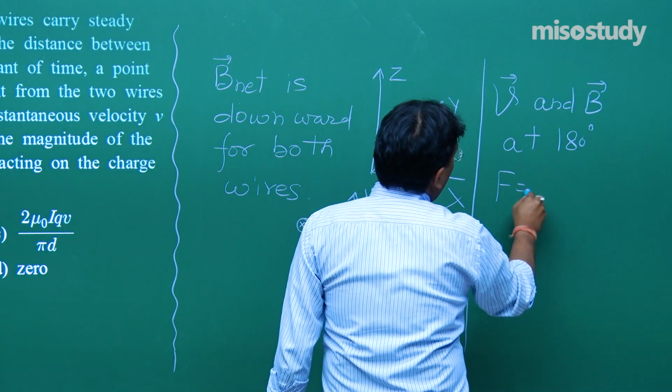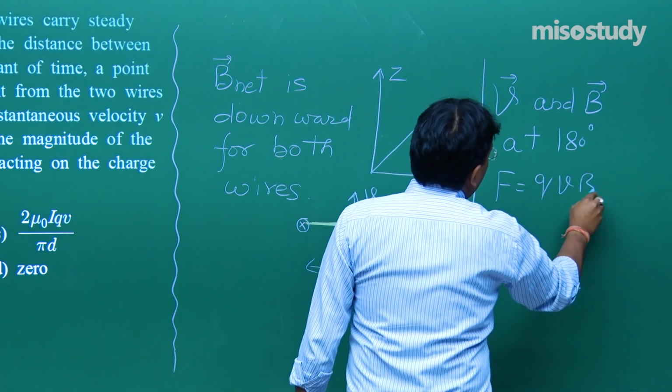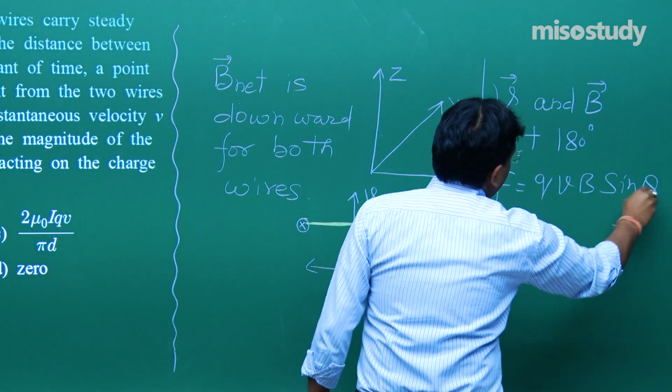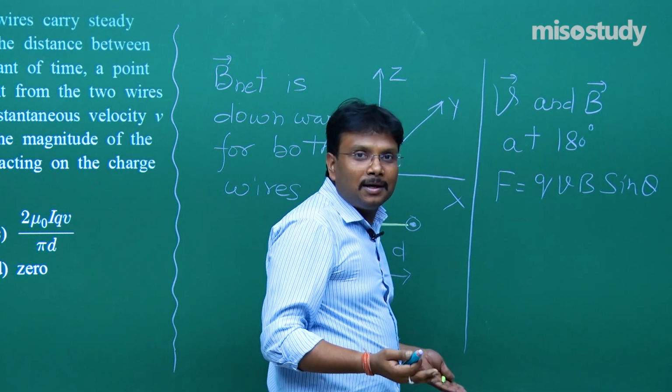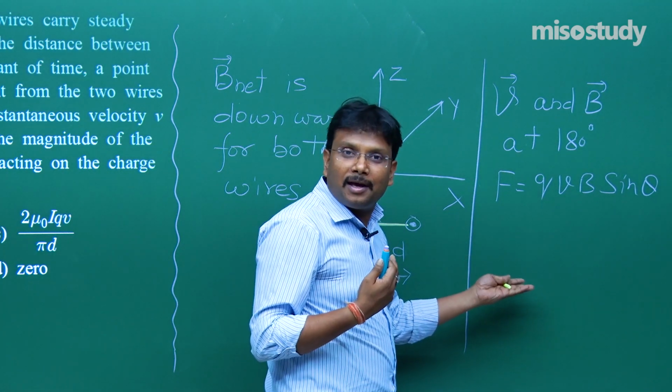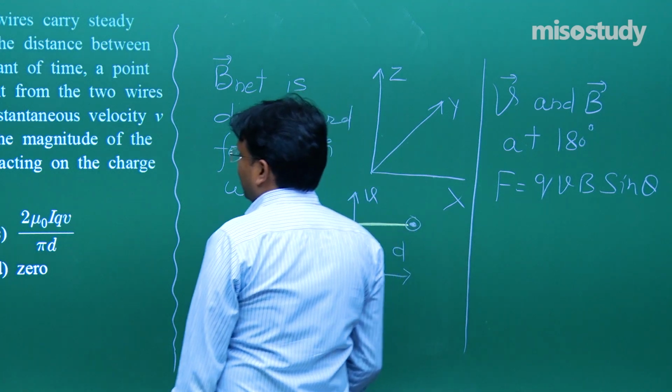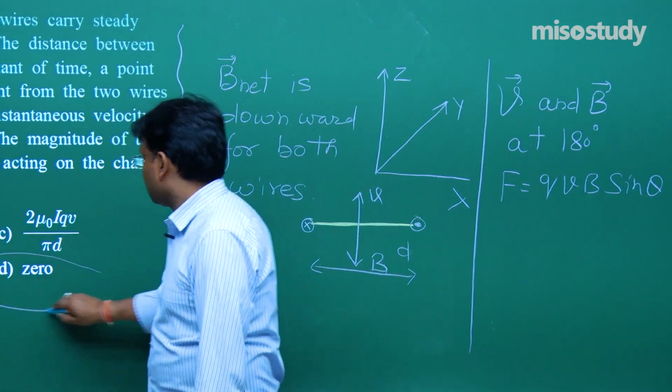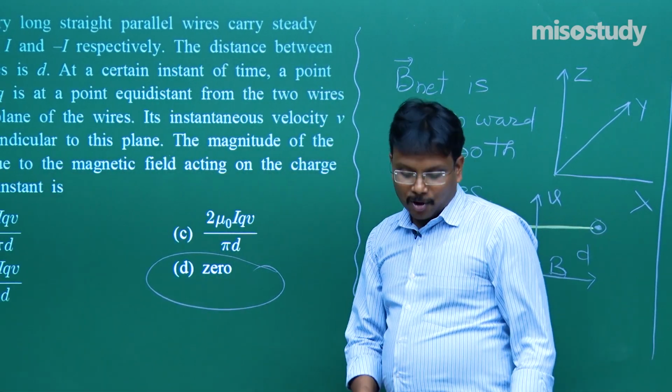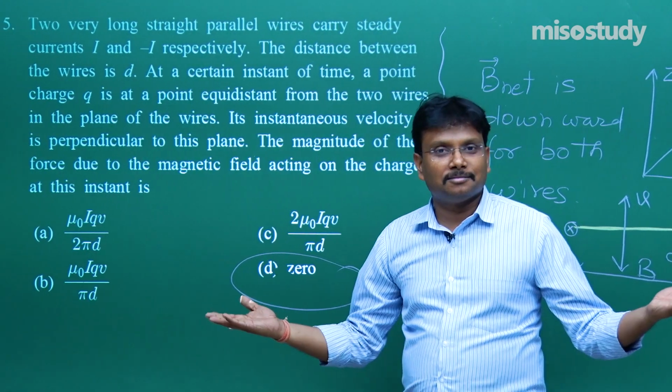So F is equal to Q V B sine theta. I do not think anything is left for me to say, the correct answer is 0, because sine 180 is 0.